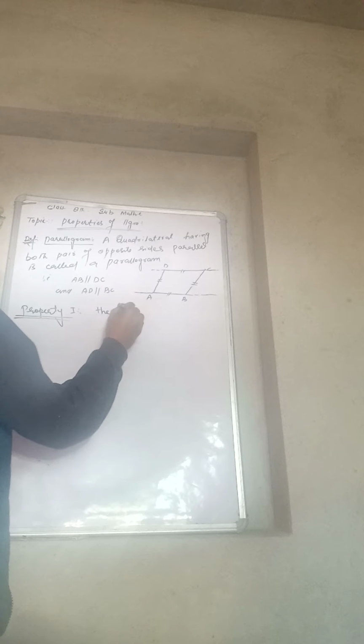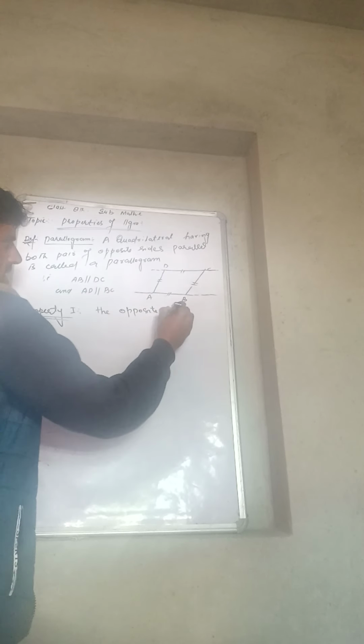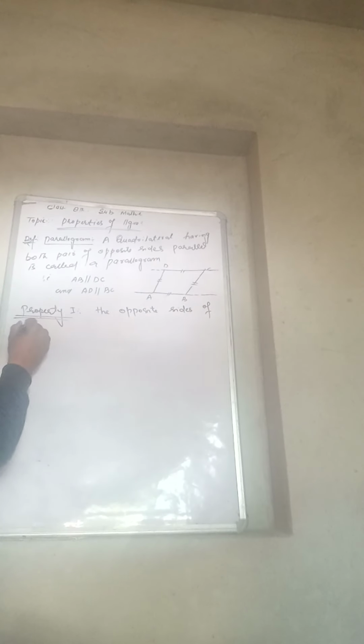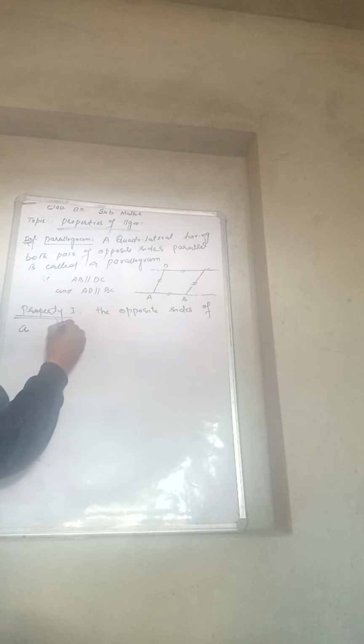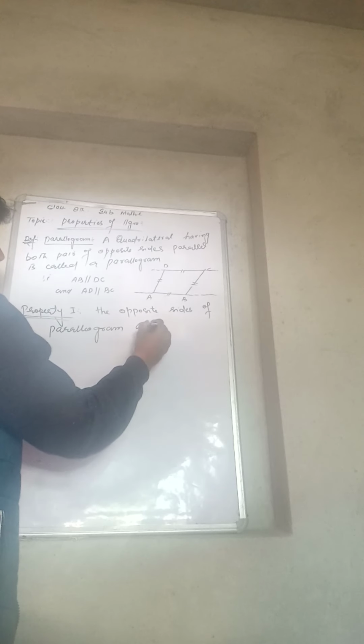The first property is that the opposite sides of a parallelogram are equal.